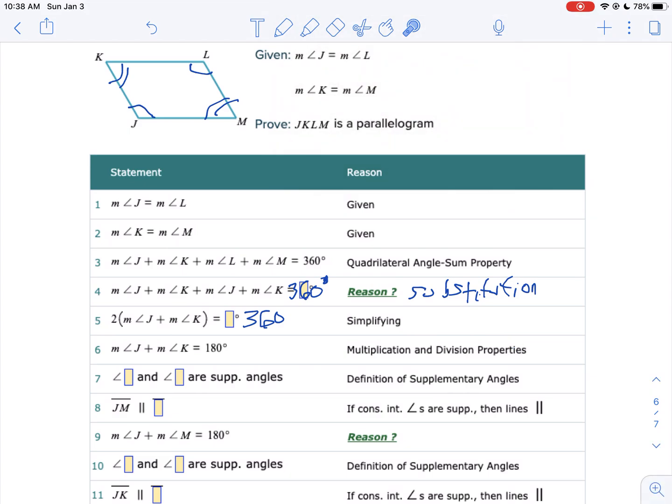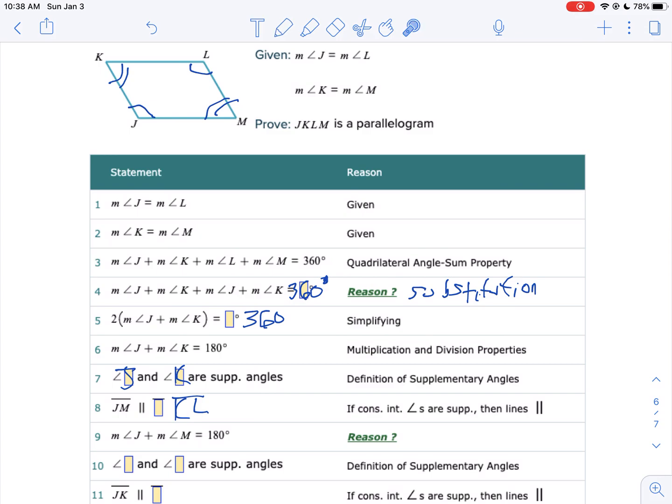Now, because J and K add to 180, that makes J and K supplementary. You had that part right also. And since J and K are supplementary, that makes JM parallel to KL. Now, what happened on step 9?